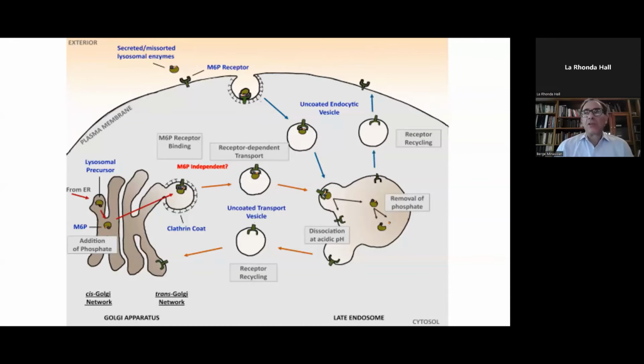The problem with that treatment, of course, is you have to inject the protein on a regular basis, whether it's once a month or whatever the frequency is. Whereas in gene therapy, you give the treatment one time, and then the cells themselves distribute to the other cells through the phenomenon of cross-correction.